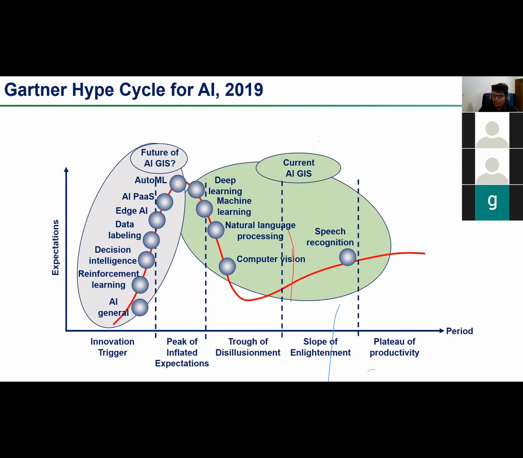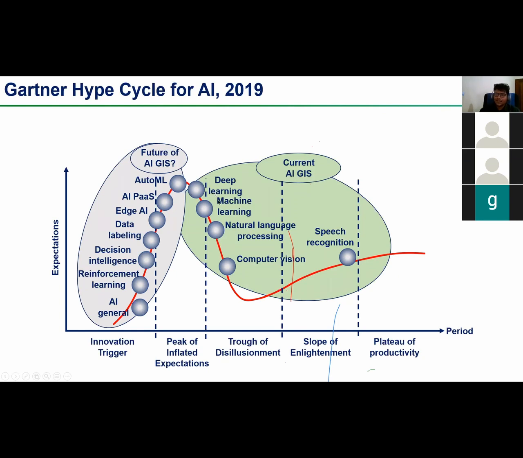However, from the declining trend of expectations, we have now reached a point where artificial intelligence is used heavily in GIS-related research. So if someone is interested in the future of GIS as a technology itself, data science and GIS, spatial data science, is the way to think about it.